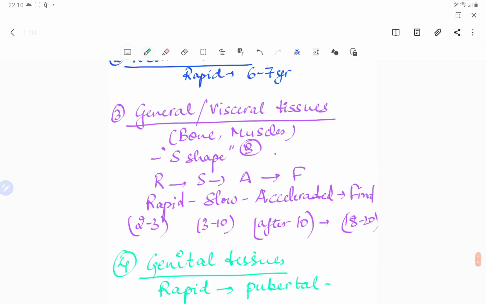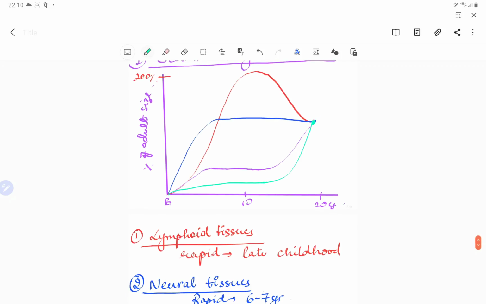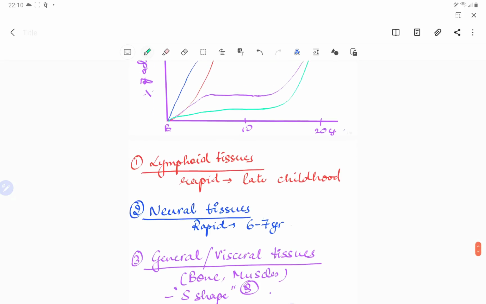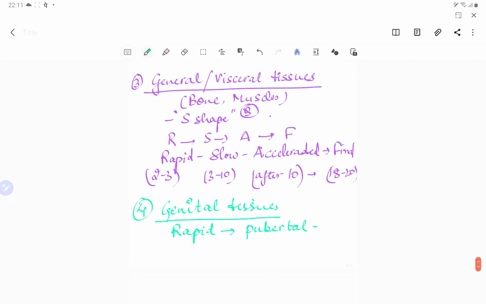So this is the Scammon's growth curve. In that we have the lymphoid tissues in red color, the neural tissues in blue color, the purple color is the general or visceral, and the green one is the genital tissues.